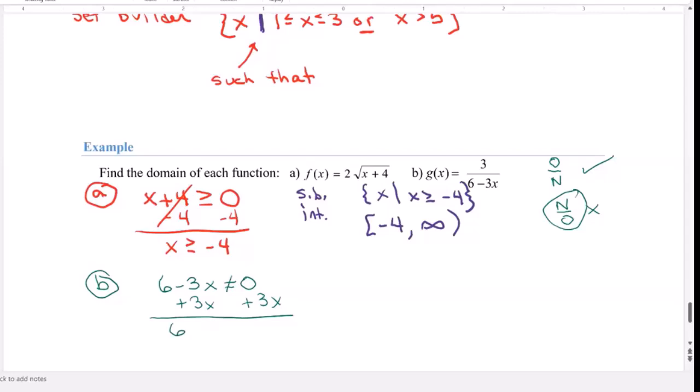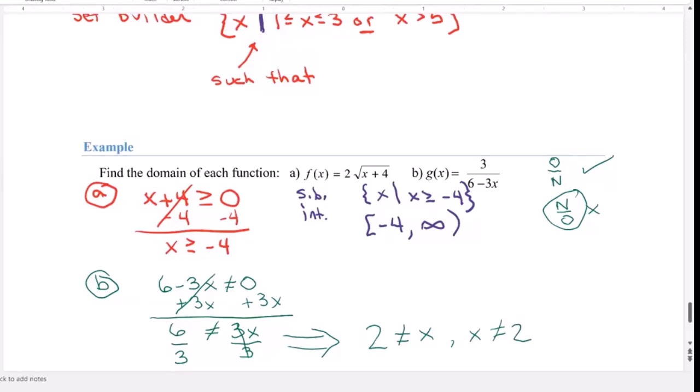I get 6. These cancel. 6 cannot equal 3x. I can divide both sides by 3. And I get 2 is not equal to x. Or if you like it better, x is not equal to 2.